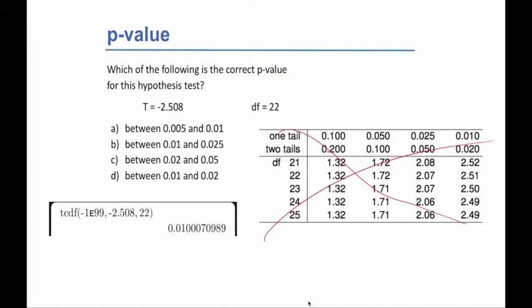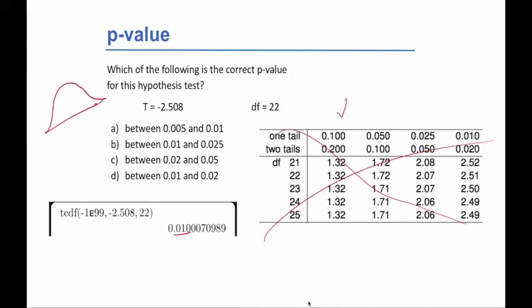So this was a one-tailed test, so we don't multiply by 2. It's just tcdf of negative 99, negative 2.508, 22 degrees of freedom, and it's 0.01. It's ever so slightly more than 0.01, but it's basically 0.01.